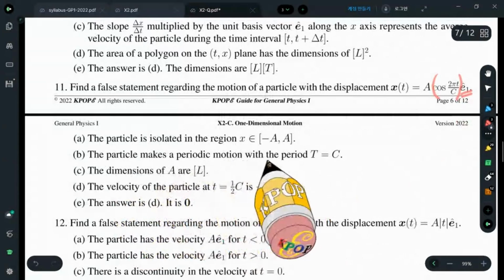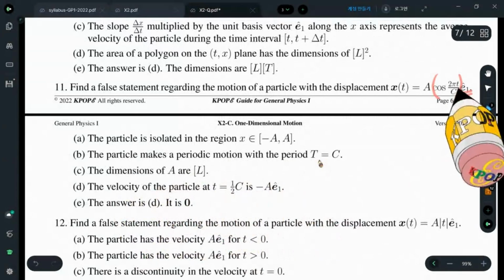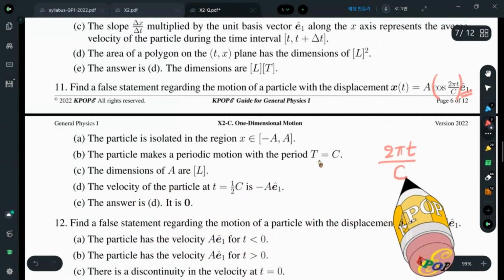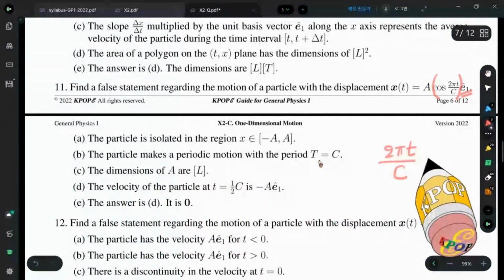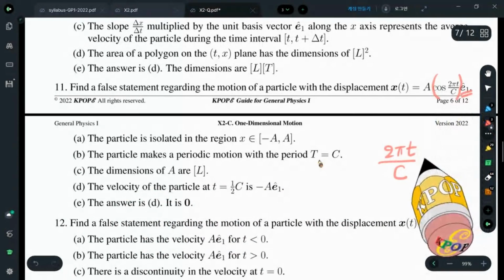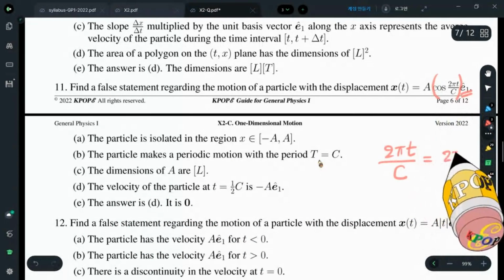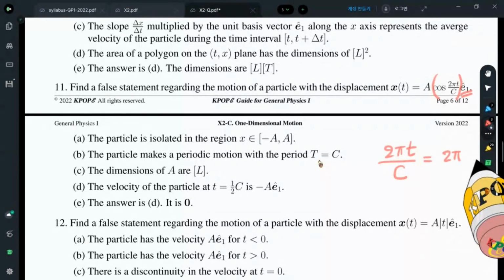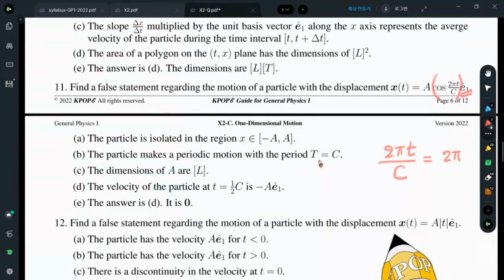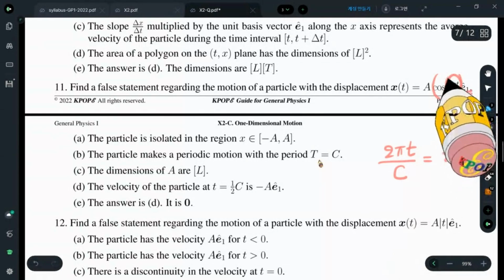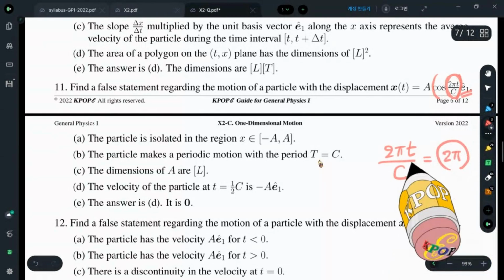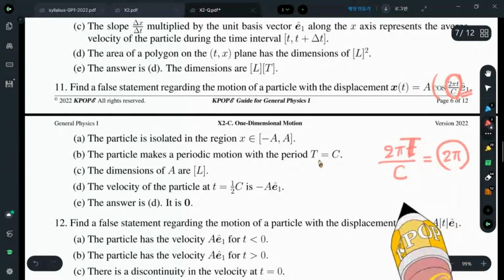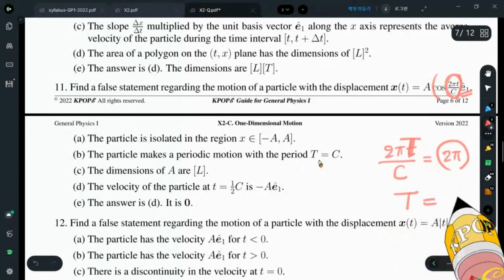Particle makes a periodic motion with the period. Cosine has a period 2 pi. The whole thing has a period 2 pi. Then it becomes a period T. So that period is as given.